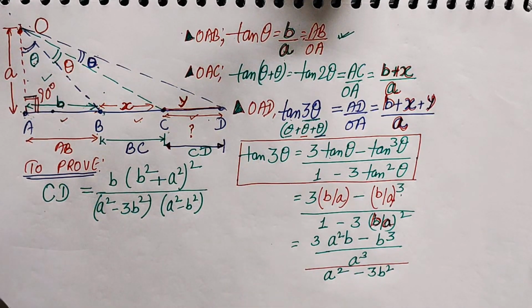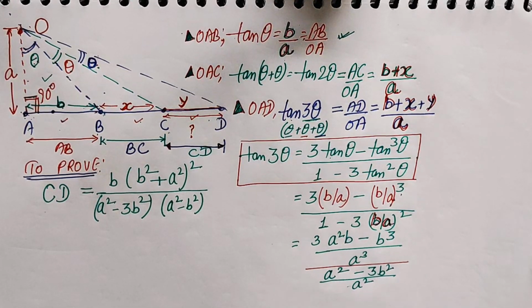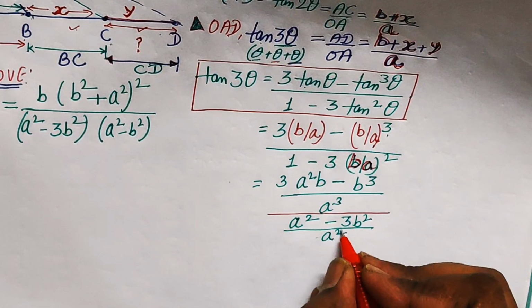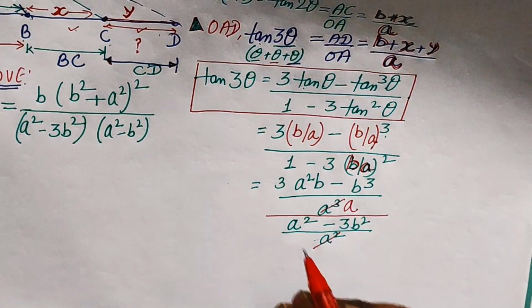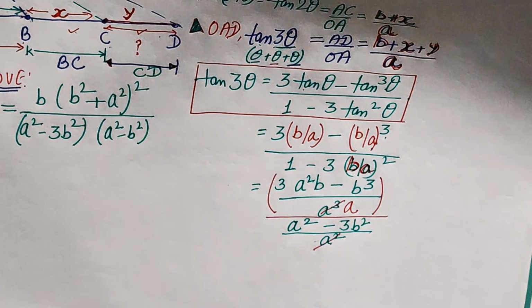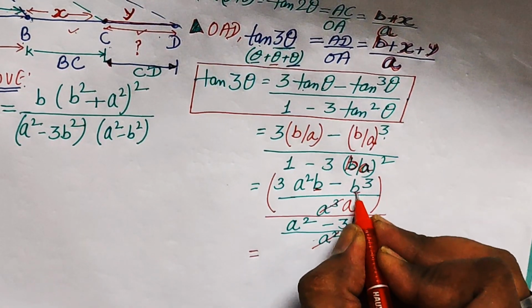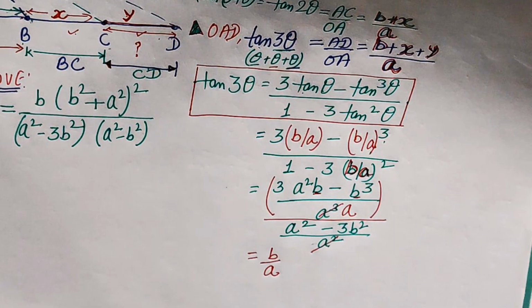and whole divided by a square. So we can write it like this, right? So this will give this a cube and a square. From this a square, this a cube will be cancelled and only a will be left in the denominator of the numerator here, right? And finally, when one b is taken common from this one, we get b by a, right?